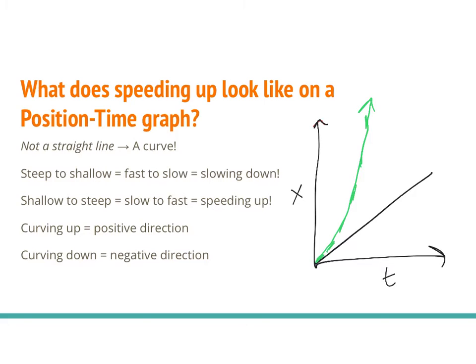However, slowing down means you start off at some speed and it gets flatter and flatter, which looks like a curve down. So on a position time graph, curving means speeding up or slowing down. If the curve gets steeper, it's speeding up, and if the curve gets flatter, it's slowing down.